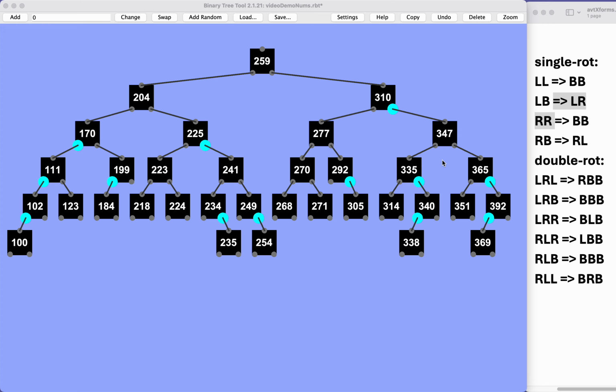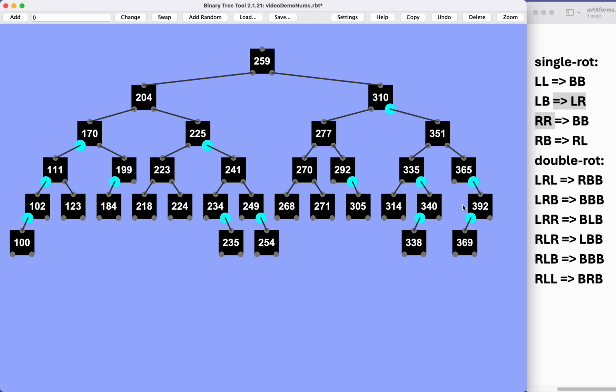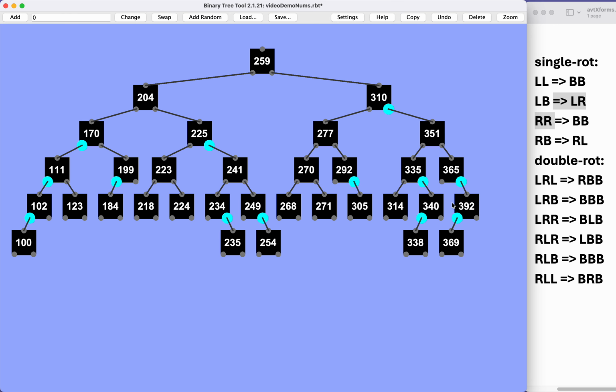Okay. So 347 is an interior node. In-order successor is 351. So I copy the data there. Delete the original 351. And what that gives me is a 365 sees that its left child has shrunk. It's already right-leaning.